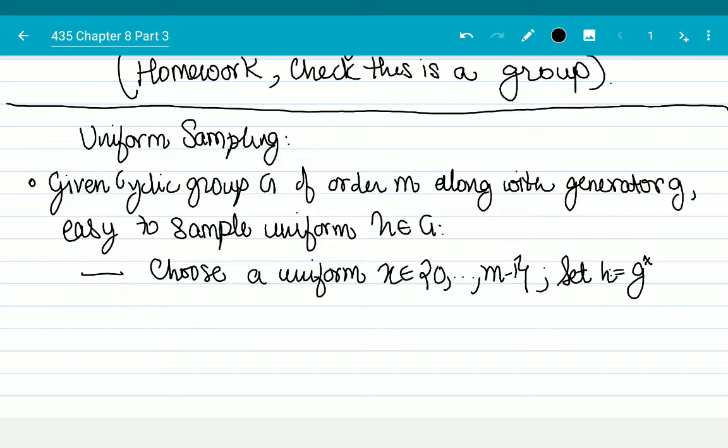So fix a group again with generator g. So, the discrete logarithm problem.